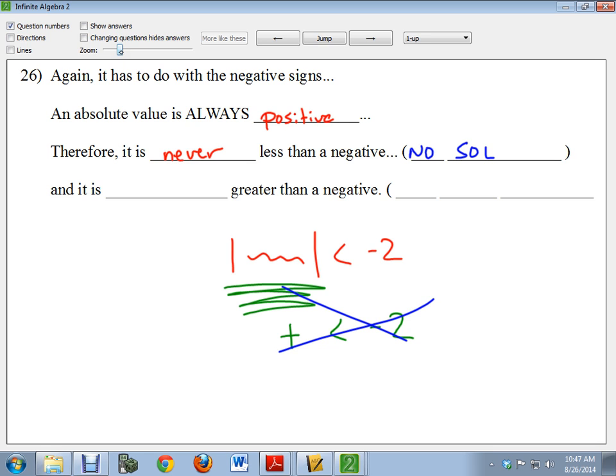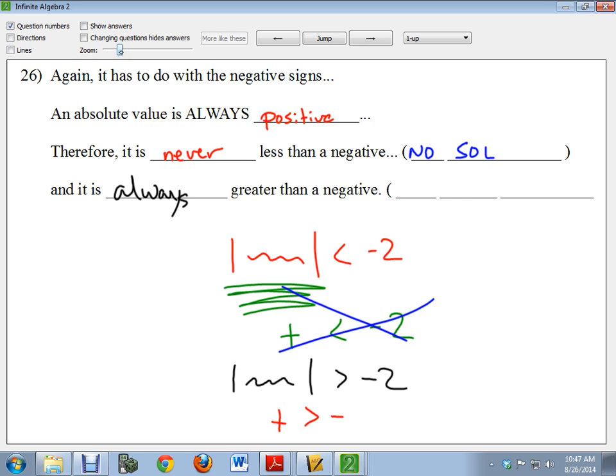But since it is a positive number, positive numbers are always greater than a negative number. So that's like what we had in the last example. We have the absolute value of something is greater than a negative number. Well, this is a positive again. A positive number is always greater than a negative number.